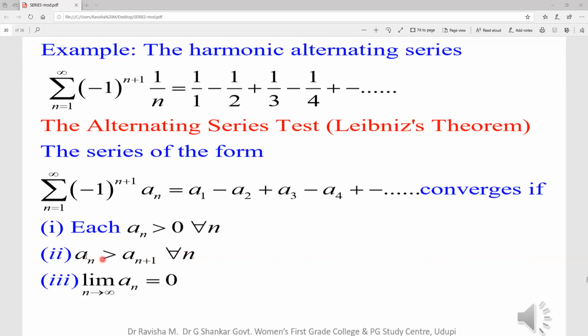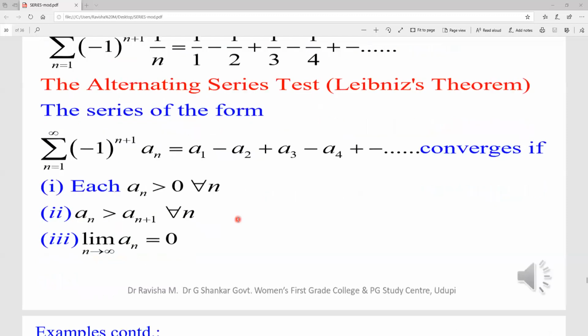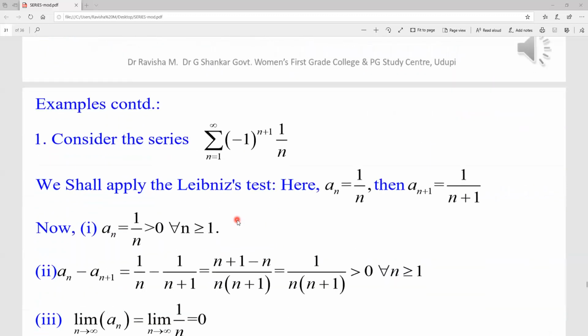It means the sequence should be decreasing. The third condition is that the limit as n tends to infinity of the nth term goes to 0. If all three conditions are satisfied, you can conclude that the given alternating series is convergent by using the Leibniz test.